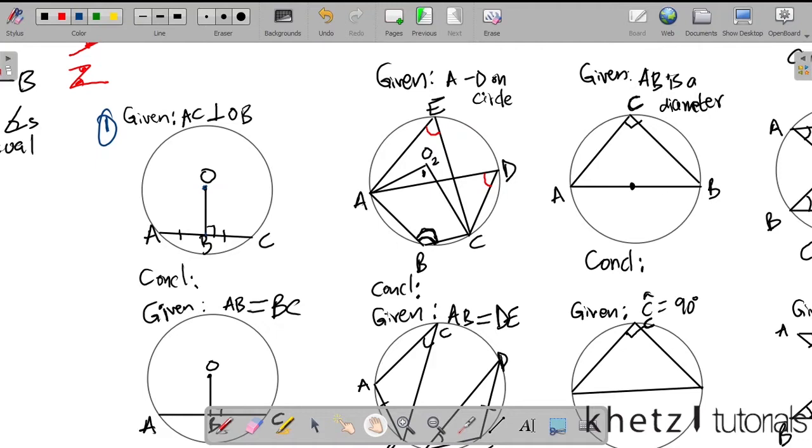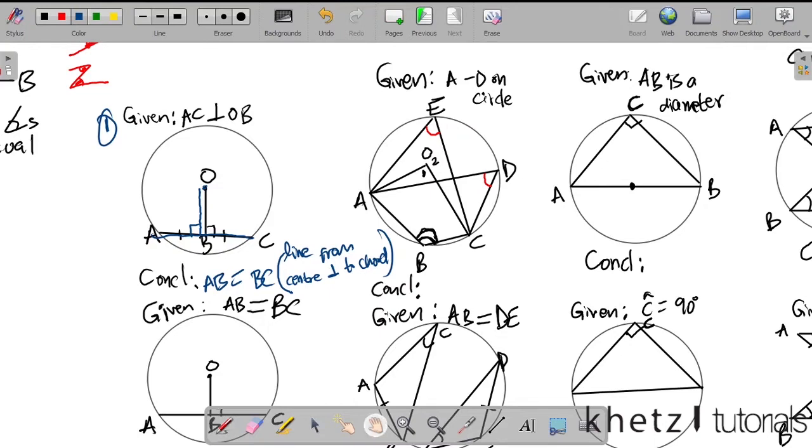That conclusion would be that AB is equal to BC. We actually have to associate all of our conclusions with reasons. The reason for this will be line from center perpendicular to chord. You have a line from the center which is perpendicular to this chord AC, and therefore you can conclude that this line actually bisects the line AC, and therefore you have AB equal to BC.